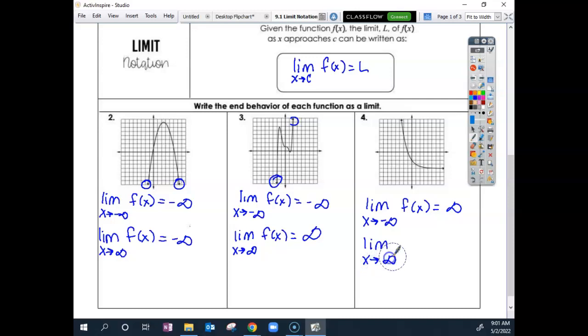Now this time, the limit as x goes to positive infinity, y'all, what value is y going to? Negative what? Does it keep going down? What does it go to? Negative 4. So this was a positive infinity and a number, okay? So you get all different kinds of things that it can approach.